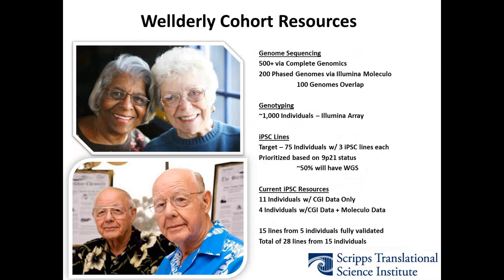Okay, so the iPSCs are being generated under this NextGen grant. It came out during the ERA fund. The goal of this project is to dissect the functional consequences of risk variants at 9p21.